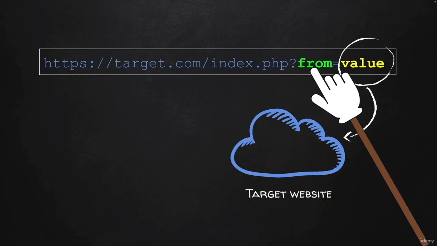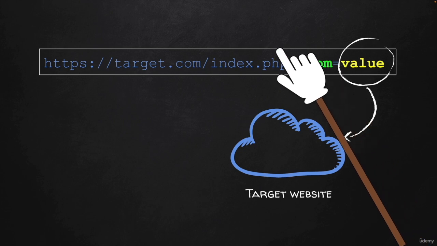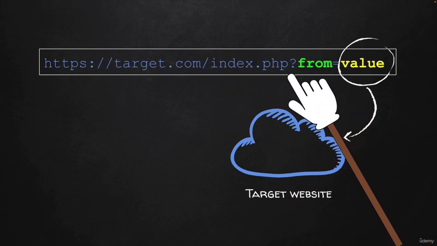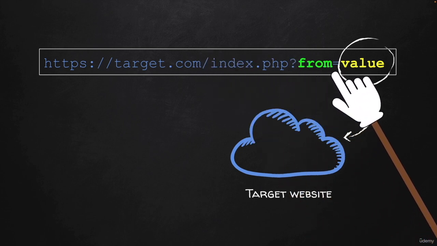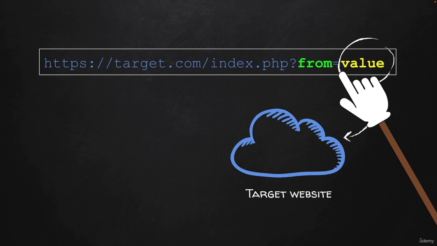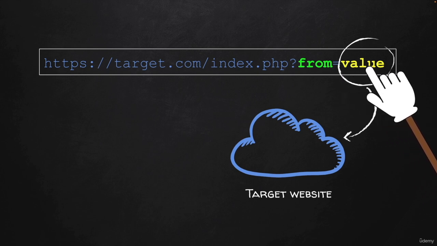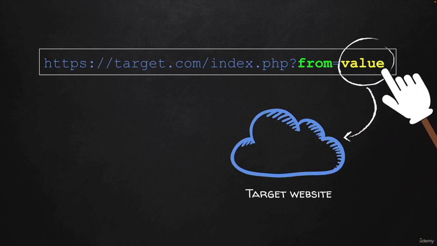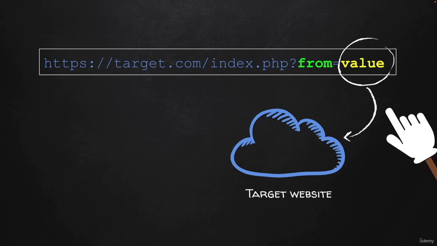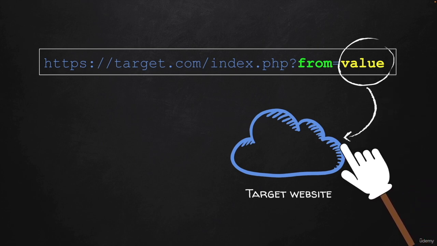Now, this URL could take a number of shapes, so you should forget about the looks of it. You should forget about the PHP part in here. The main thing you want to be concerned about is the way we have an equal sign and a value after the equal sign. And whatever value that we have in here will be sent to the target website.